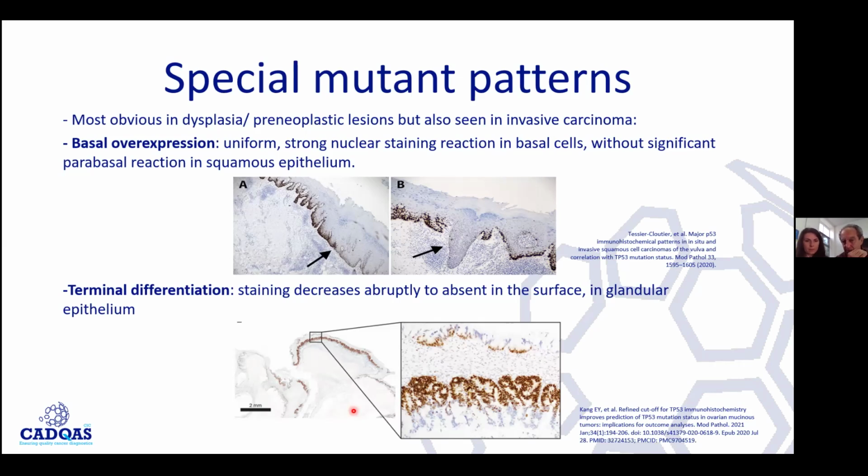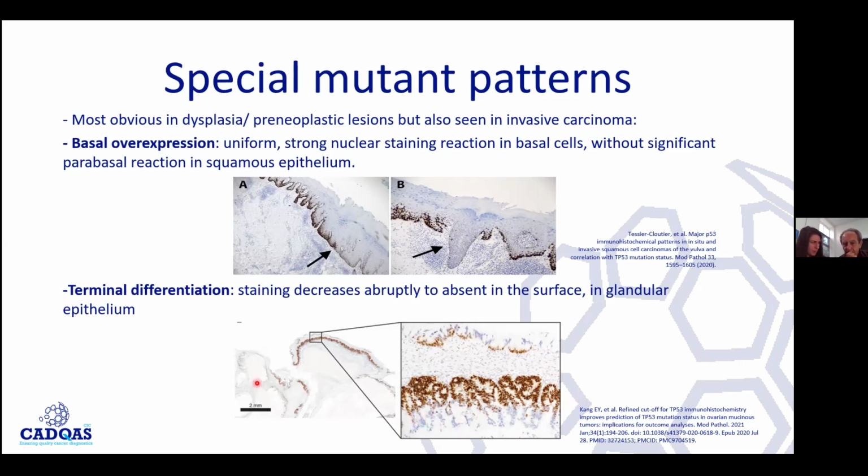But here is a step, from a lot to nothing. And this is actually terminal differentiation, which is not 100% clear why it happens, but you have a shift in the immunophenotype of the superficial cells, and it just stops. The P53 expression stops abruptly.